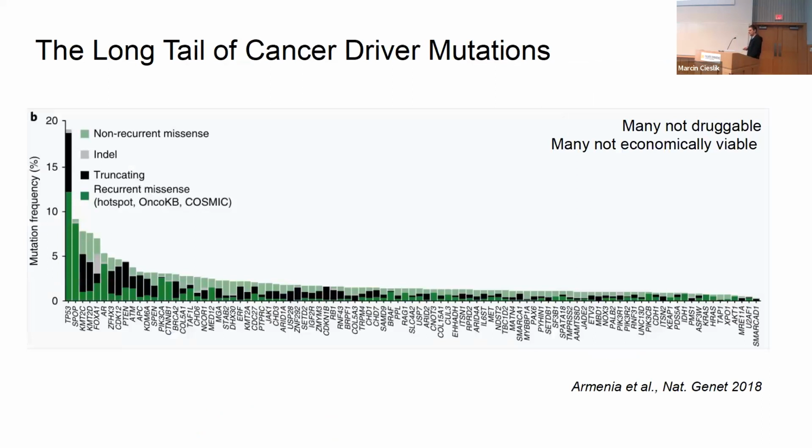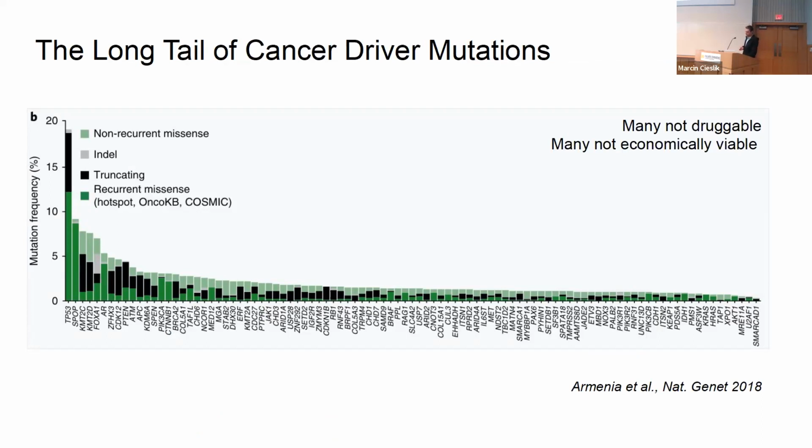One reason it's not simple is because the majority of those 1,000 genes are not very recurrently mutated. Recurrence obviously depends on the cancer type because each cancer develops specific mutations.